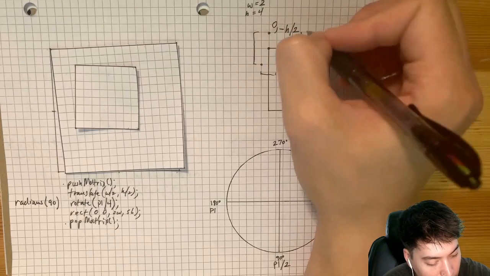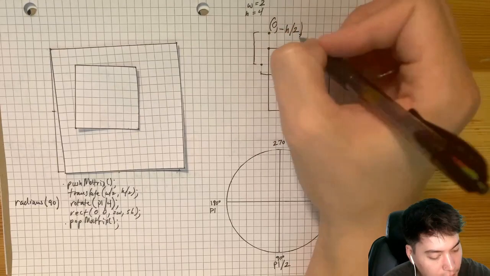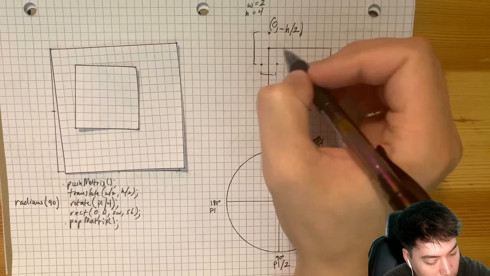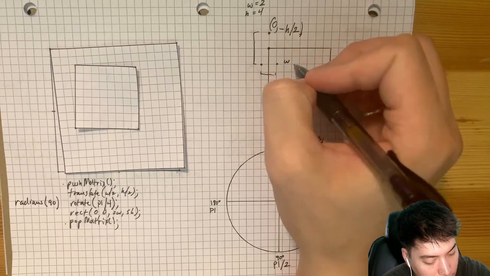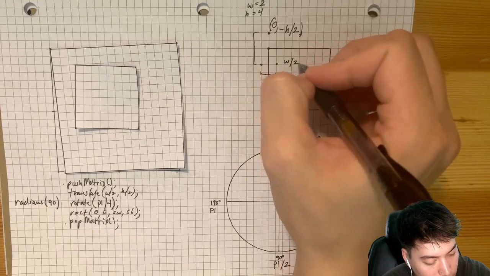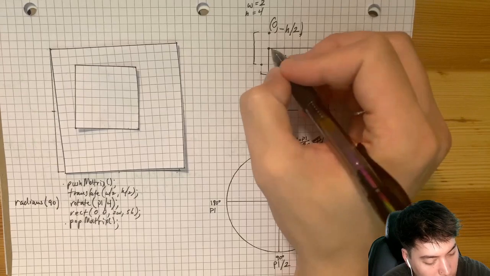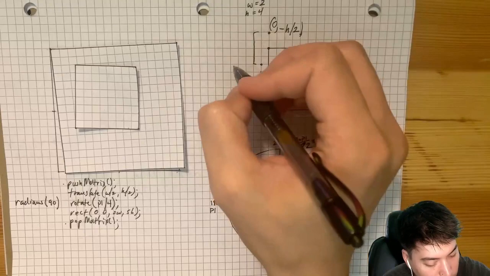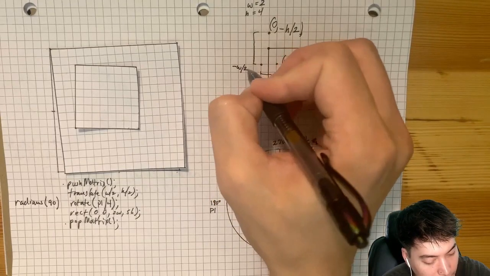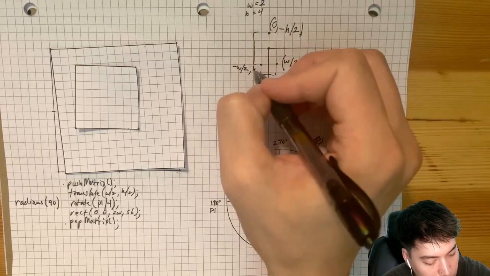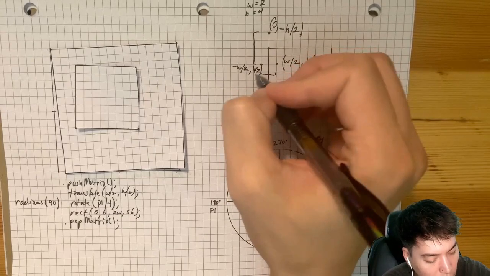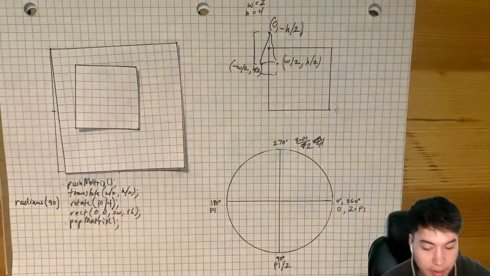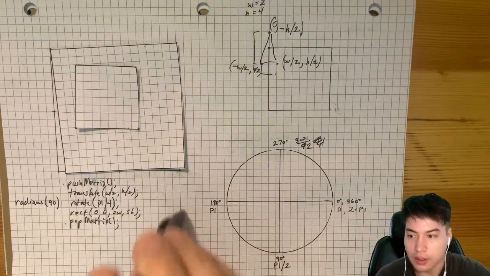Then the next point would have an x position of the width of the shape divided by 2, and the y coordinate would be the height of the shape divided by 2. And the last one would be the same, except that the width divided by 2 would be negative, and the height divided by 2 would remain the same. So those are the x and y coordinates of this triangle, drawn around the origin.